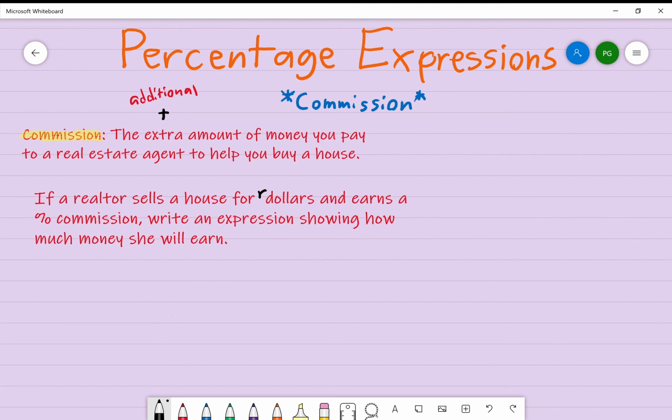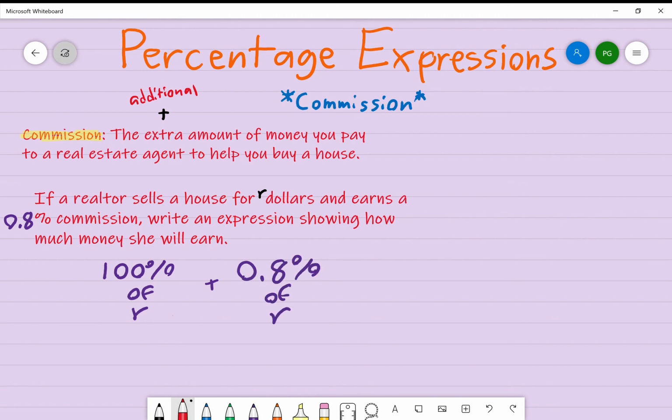Okay, and let's go ahead and say that this time the realtor earns a 0.8% commission. Alright, perfect. The house was 100% of R, and the realtor made an additional 0.8% of R. The realtor doesn't get the money from the house. Okay, I want to take my percent, make it a decimal.